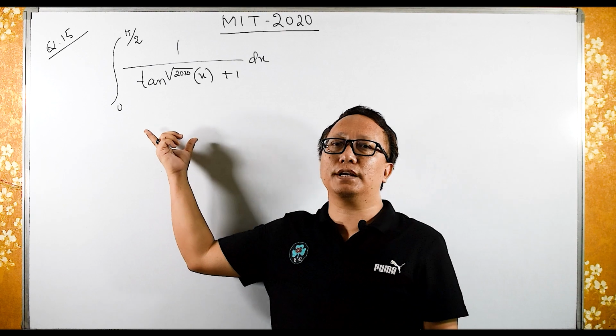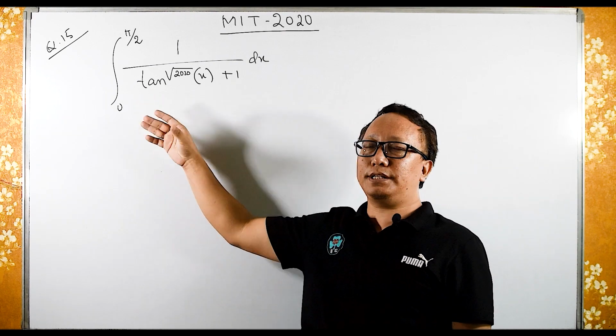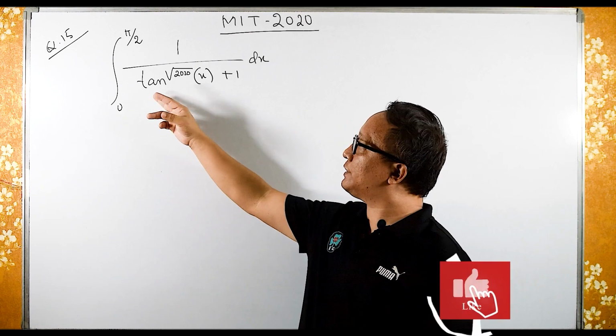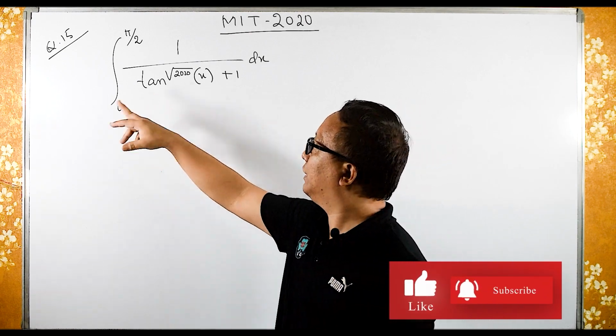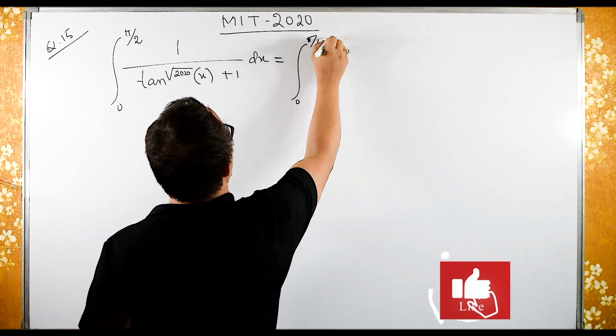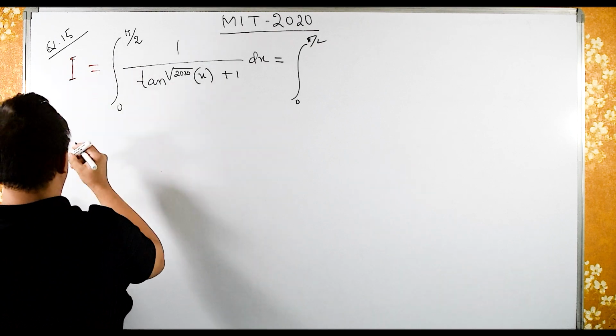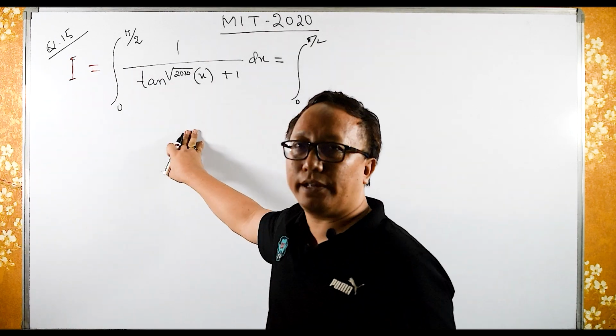This question was asked by MIT 2020, question number 15. After looking at this integral, we should apply King's formula. Let's convert tan to sine by cos, and let's consider I equals this integral from 0 to pi by 2. Here tan is the same as sine by cos.